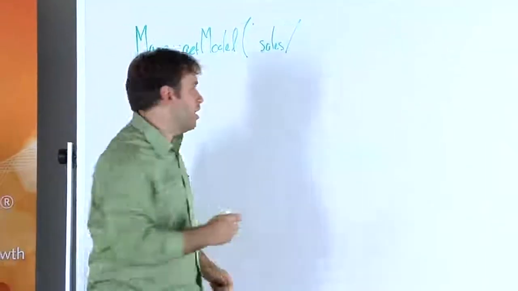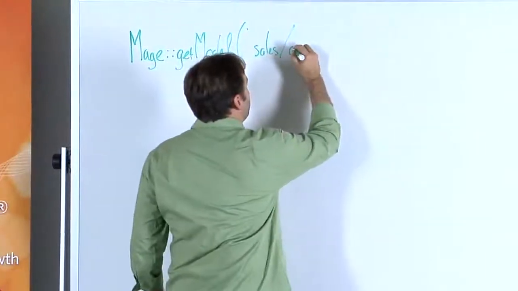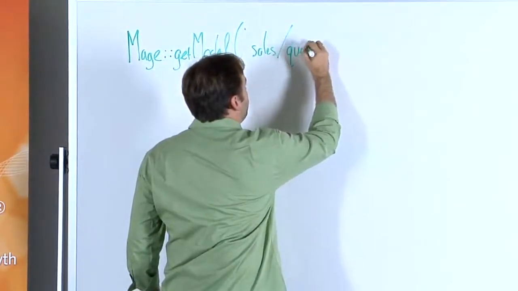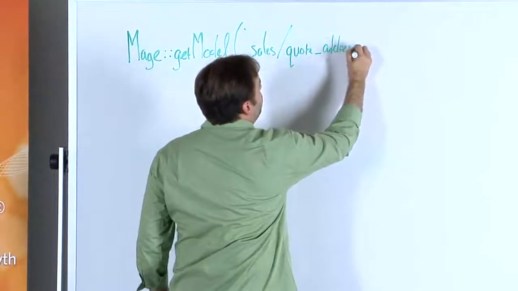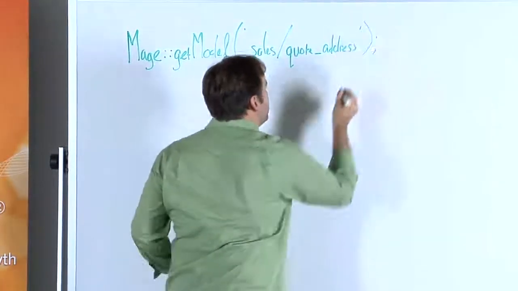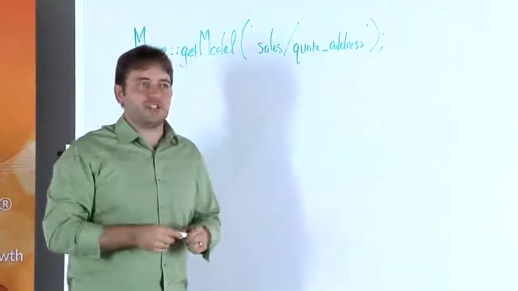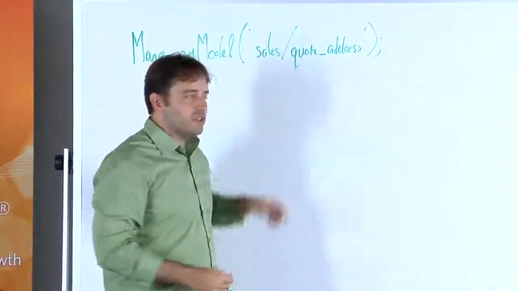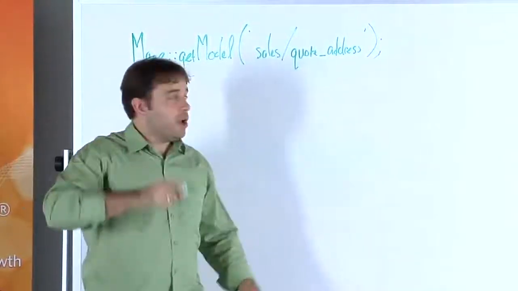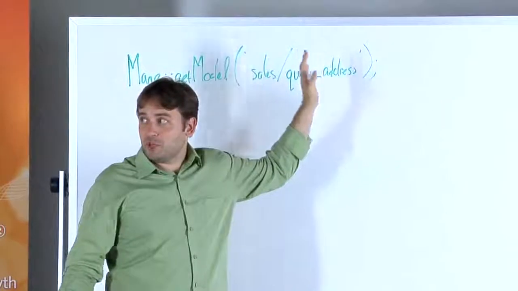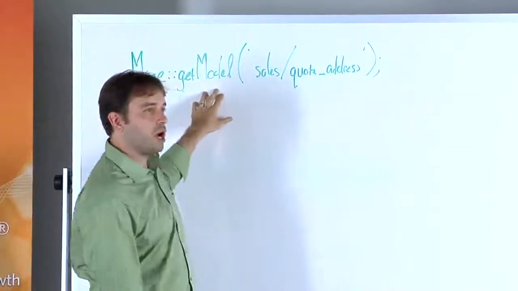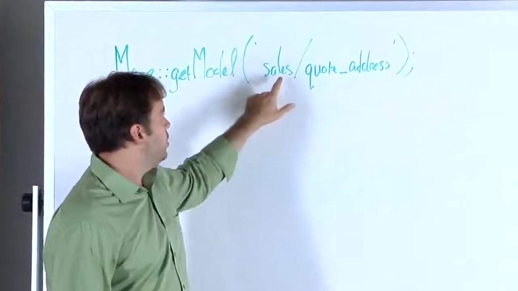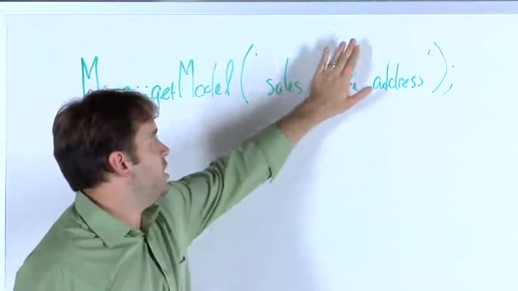We're getting quote address. So, quote underscore address. I hope you may not totally understand it right now, but I hope you're starting to see some patterns. You see sales and then sales. So whatever's before the slash, again, that's going to be a node directly under whatever type we're dealing with. In this case, models. So Mage get model, sales.